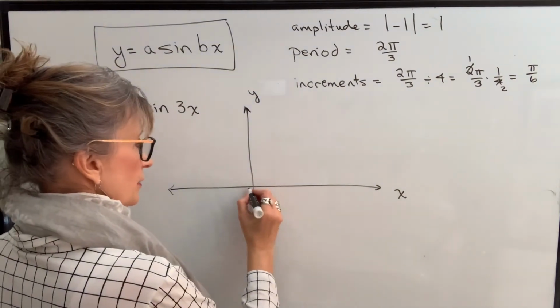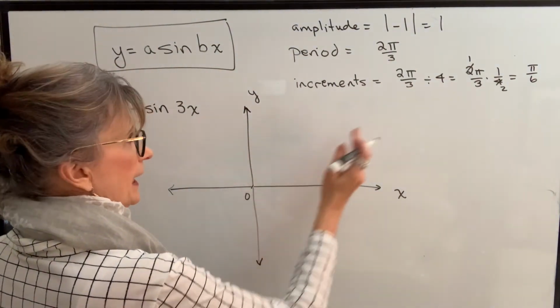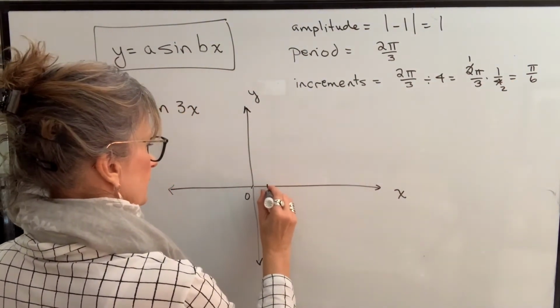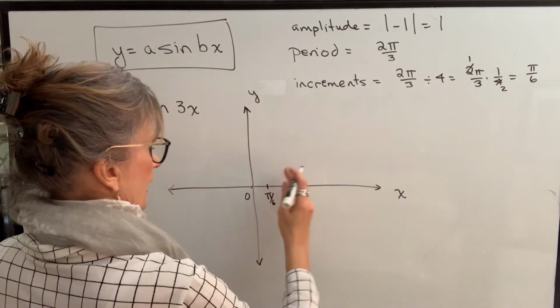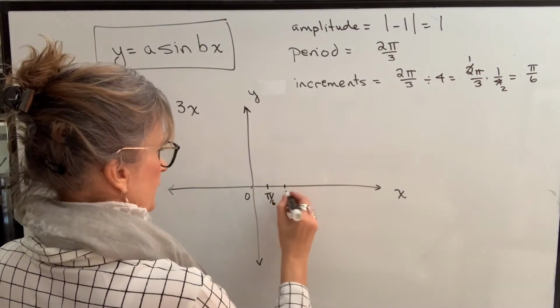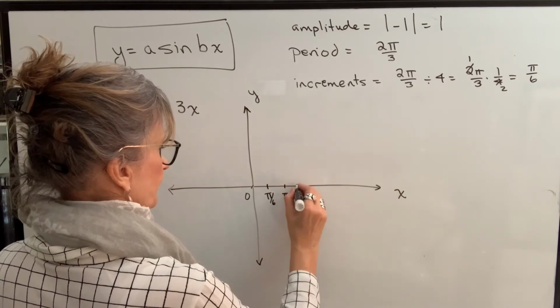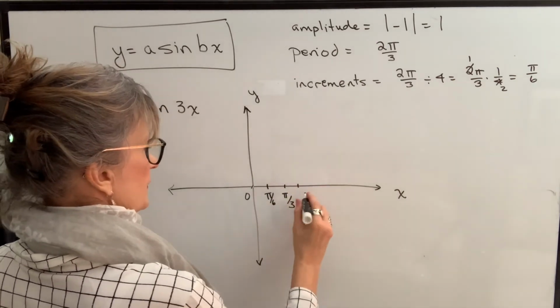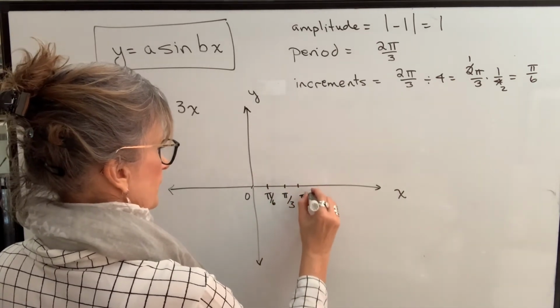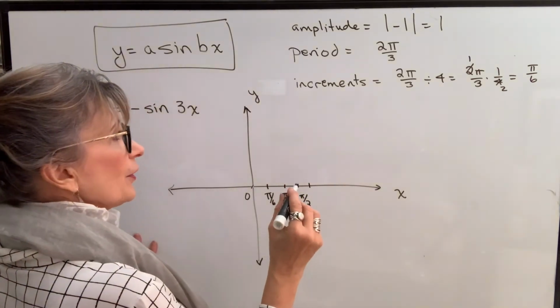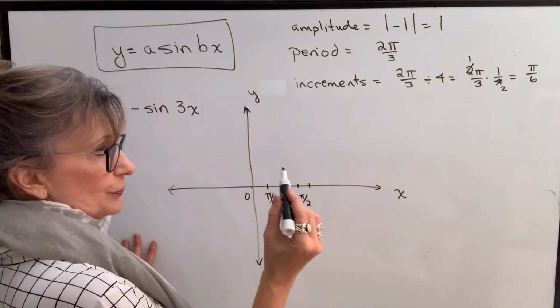So my points along my x-axis will be 0, and then I add pi over 6 to that. Add pi over 6 to that, and gives me 2 pi over 6, which is pi over 3. 3 pi over 6, which would be pi over 2. And 4 pi over 6, which will be reduced to 2 pi over 3.